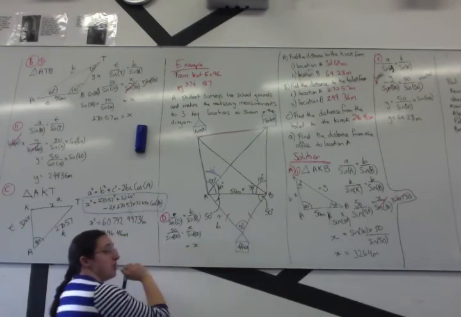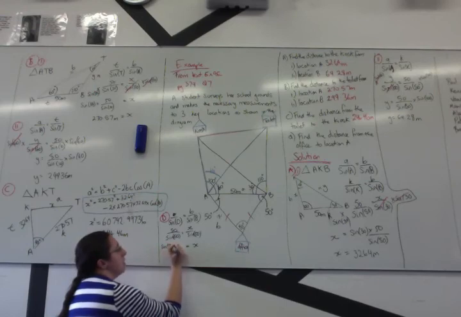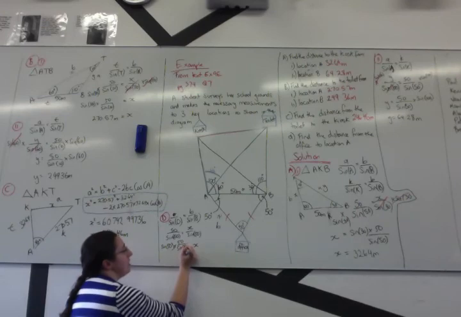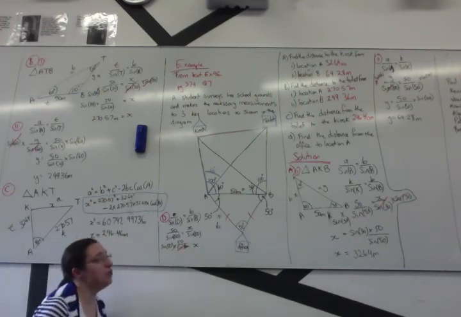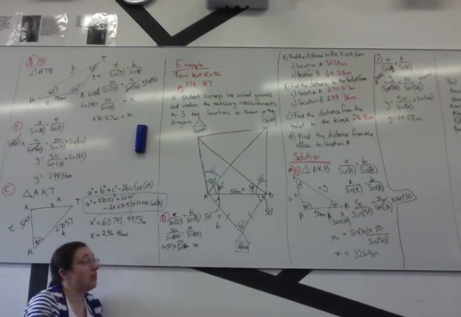X is going to be equal to, I'm going to skip a step, sine of 50 times 50 over the sine of 80. And you get the distance to be... with a calculator this time.